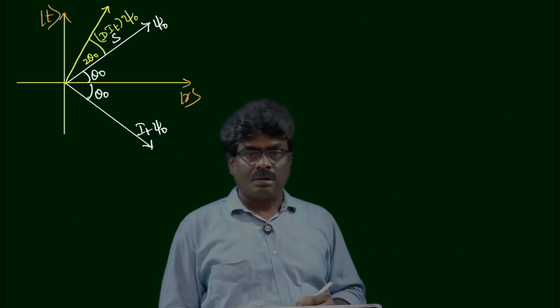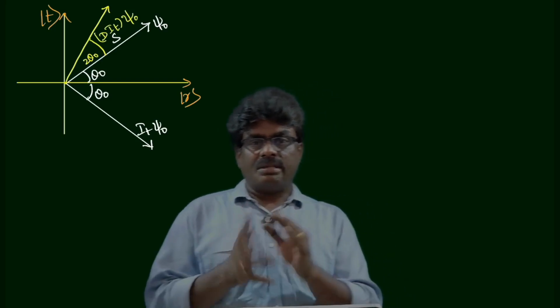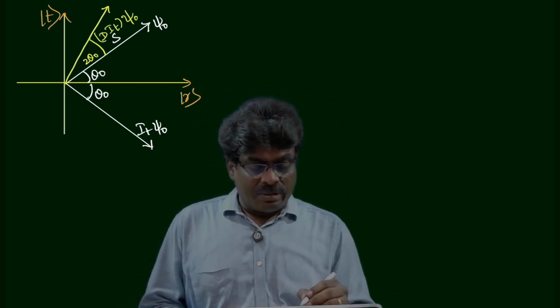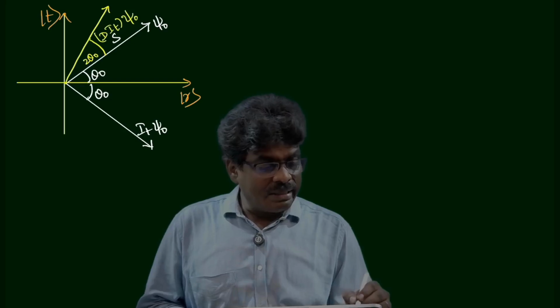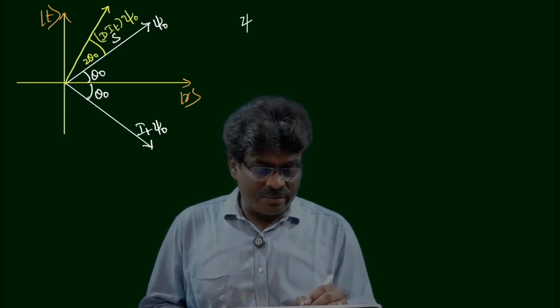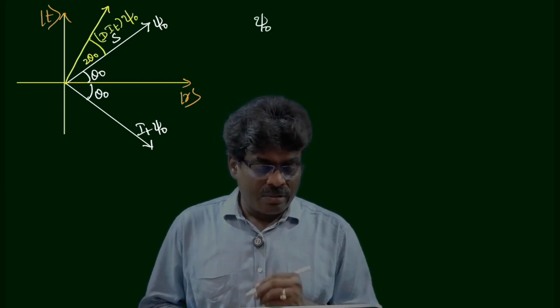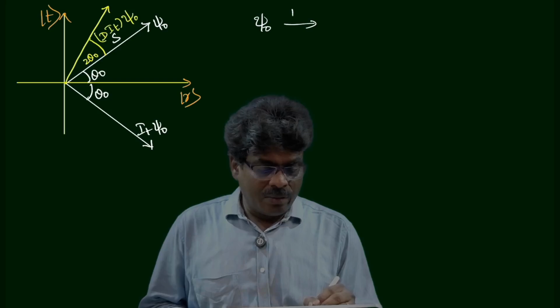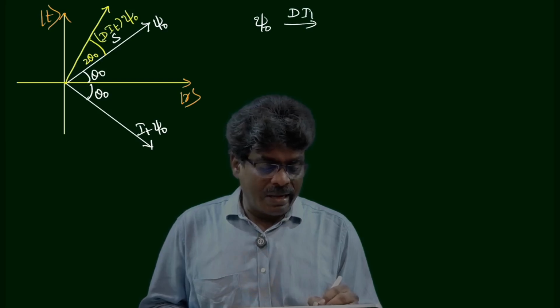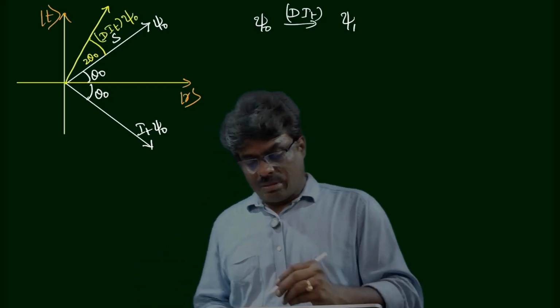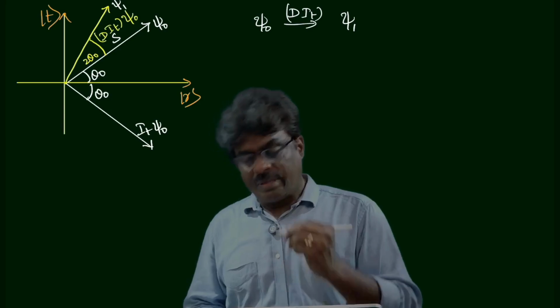Let me explain the next part. Here again I have taken this graph. Here we have the initial state, let us suppose this is psi naught, and one time I operate D_it, then I get psi 1, that yellow color.